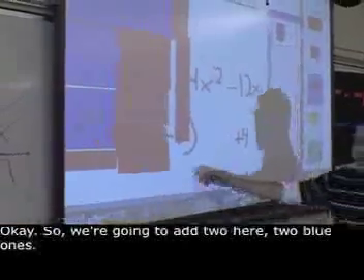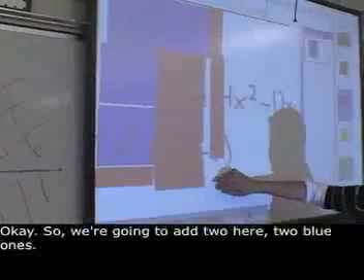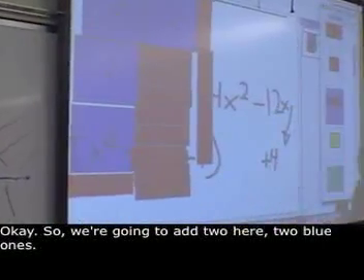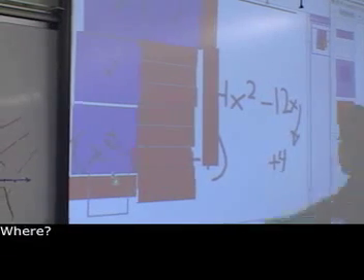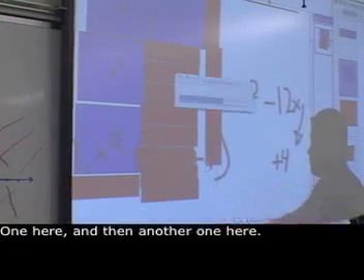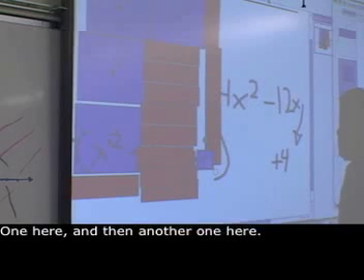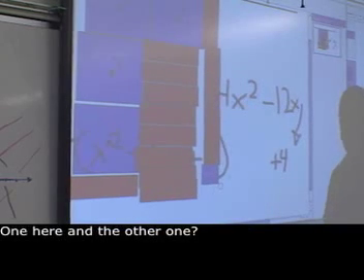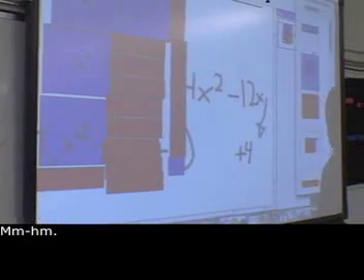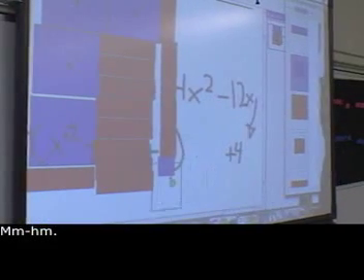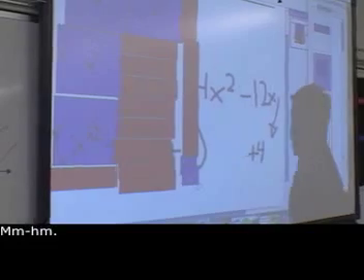So we're gonna add two here, two blue ones. All right. Where? One here, then another one here. One here, and the other one on the bottom. All right. The other one here. Mhm. Okay.